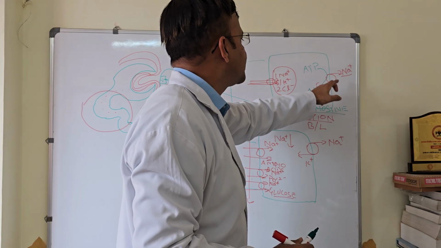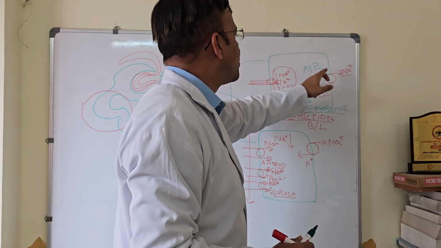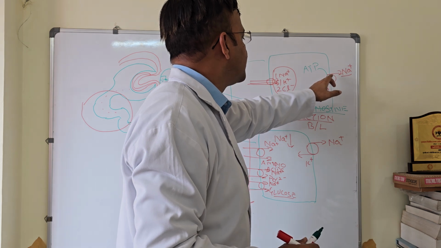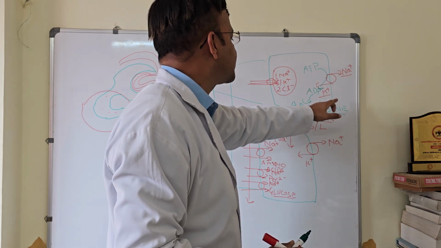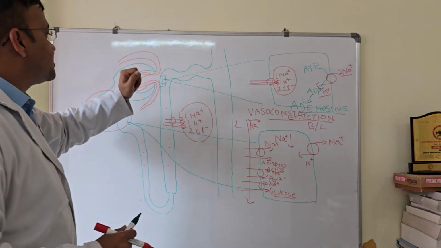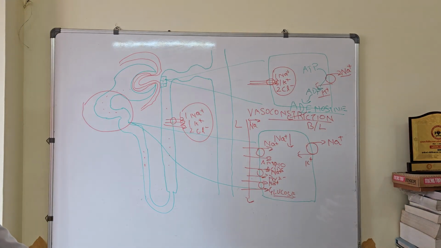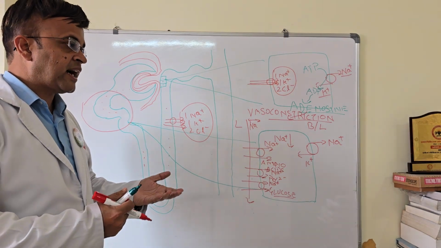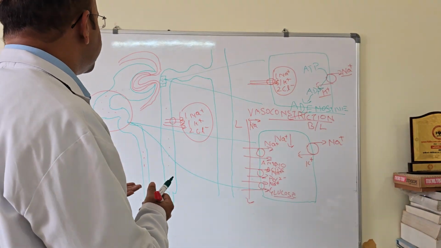So this sodium potassium ATPase pump is going to work a lot less. If the sodium potassium ATPase pump works a lot less, less adenosine will be synthesized, and you will have an increase in GFR, right?